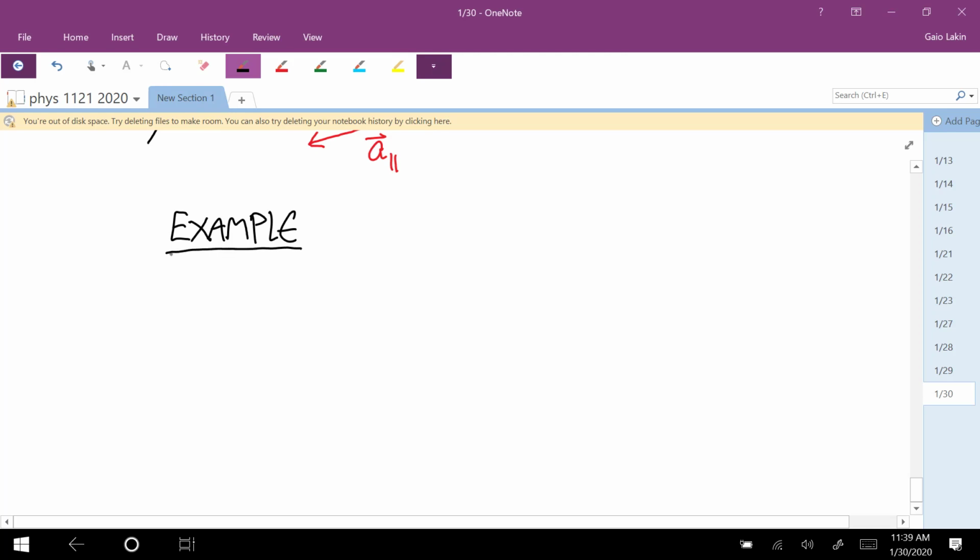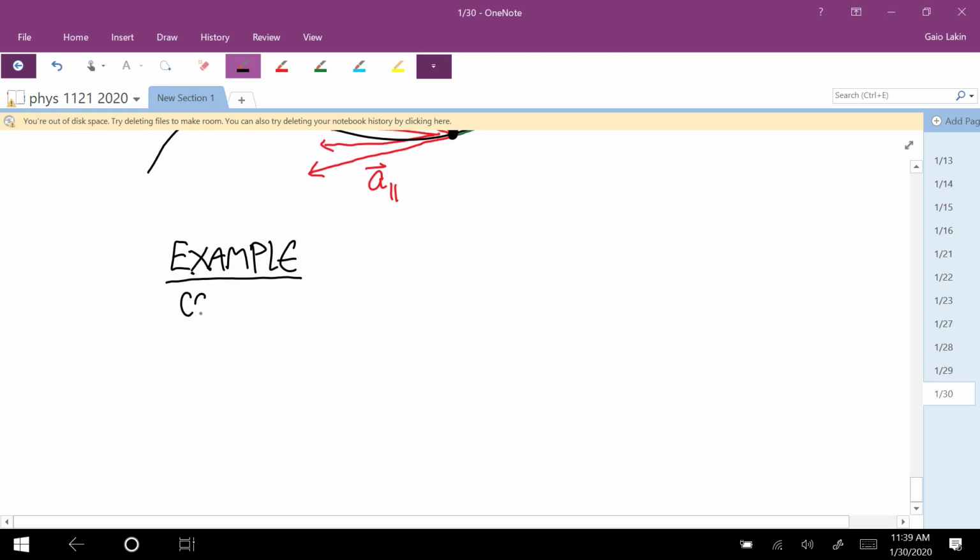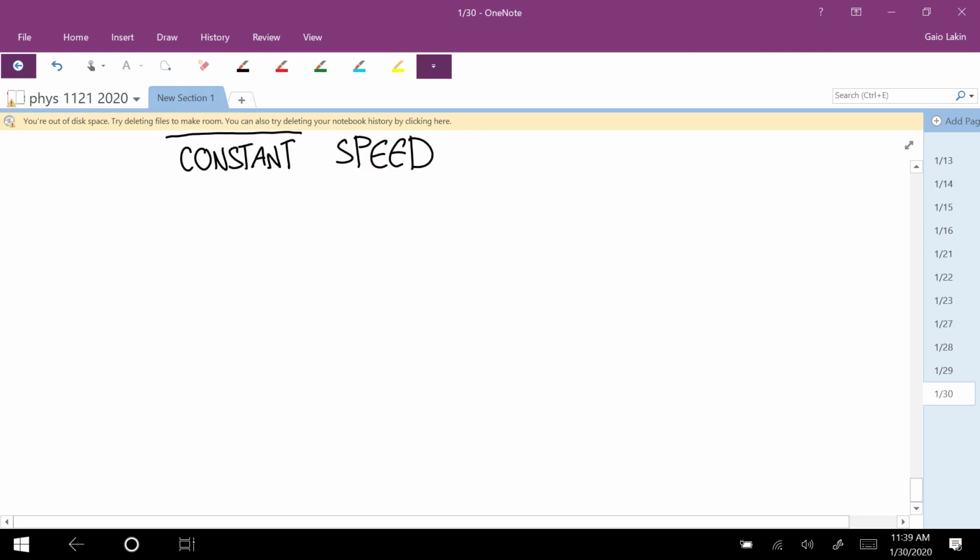So for this one, let's say that an object moves with constant speed. And let's say it's moving in a circular path. Let's say clockwise. And we want to know the velocity and the acceleration at that point.